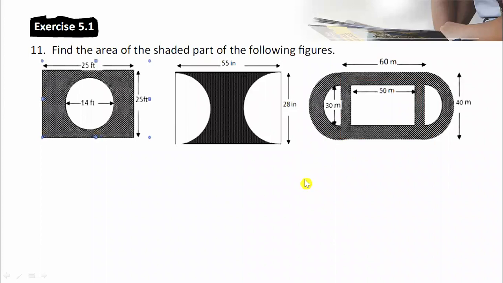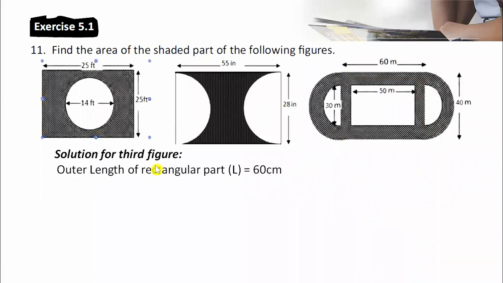Okay, so let's move to its solution. Outer length of the rectangular part, for outer I have used capital L, and outer breadth, look at this one. How do we get this 40? Here it is given.